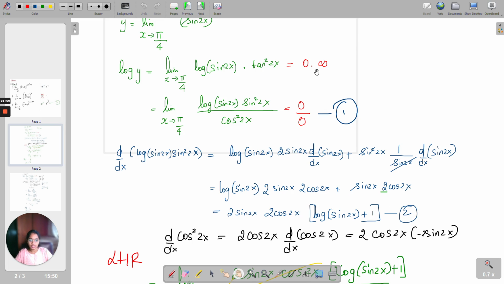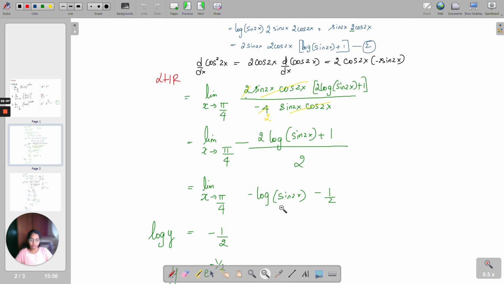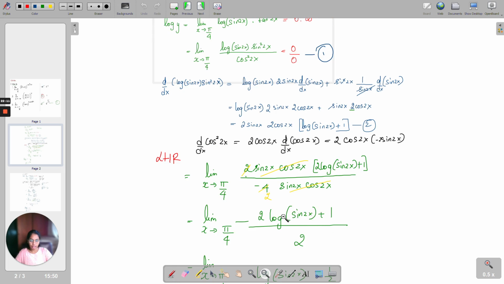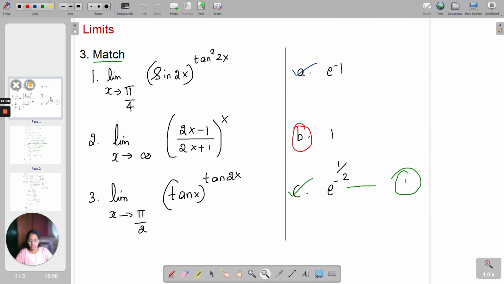Yes, since it is an indeterminate form, we simplified it to get a 0 by 0 form, and then we applied the L'Hospital's rule.